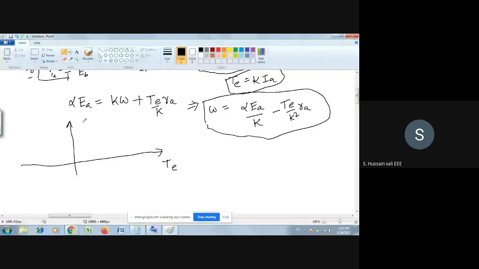First we take TE equal to 0, and we get an omega value for one value of alpha. Then if I go on increasing TE, you will find that omega decreases. So you will get a graph like this, linearly decreasing. This is for one value of alpha. If I increase the value of alpha, we will find the graph goes up. Here alpha is increasing.